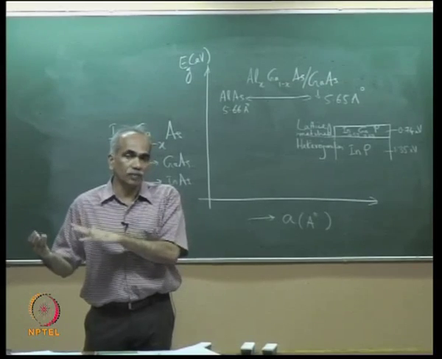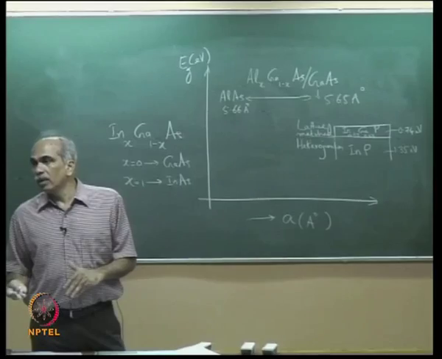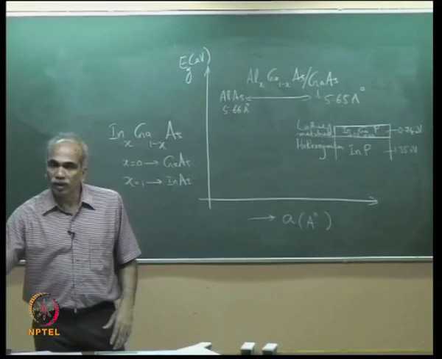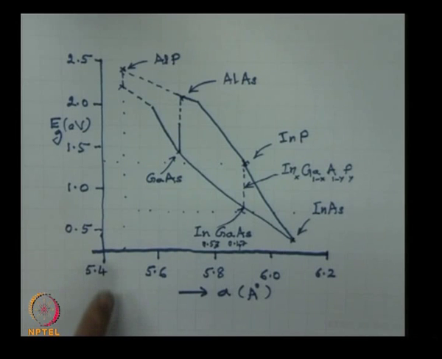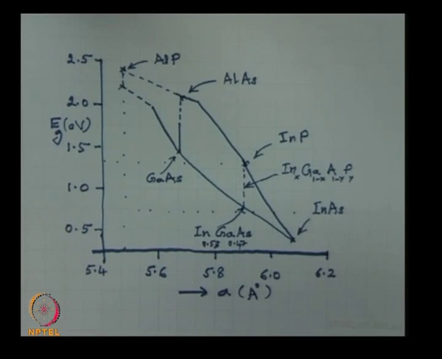There are different materials. If you go to 2-6 compounds like mercury cadmium telluride, then you have a different range of angstroms. I have just expanded; you see the entire x-axis is 5.4 to 6.2. So I have taken only a small portion because our interest is in these materials which correspond to optical communication, which are used in optoelectronics and optical communication.